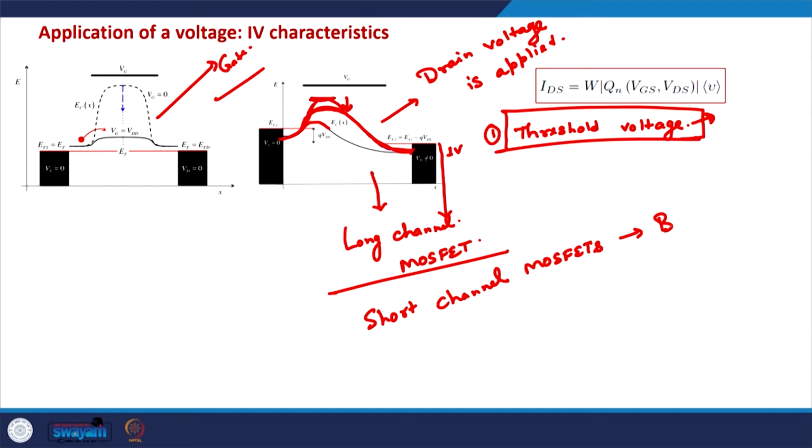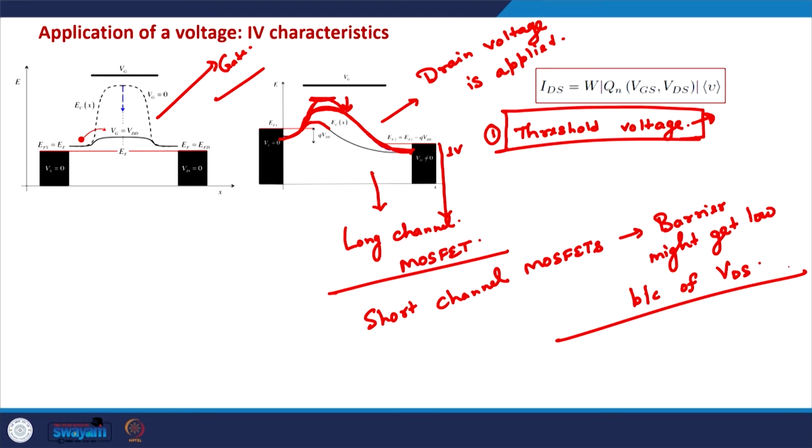So in short channel MOSFETs, what can happen is that the barrier might get lowered because of the drain voltage VDS, and this is not what we generally expect in MOSFETs. This is not what we design our MOSFETs to do.